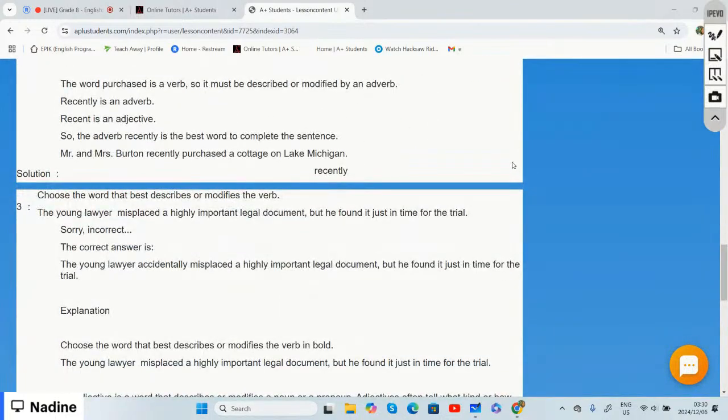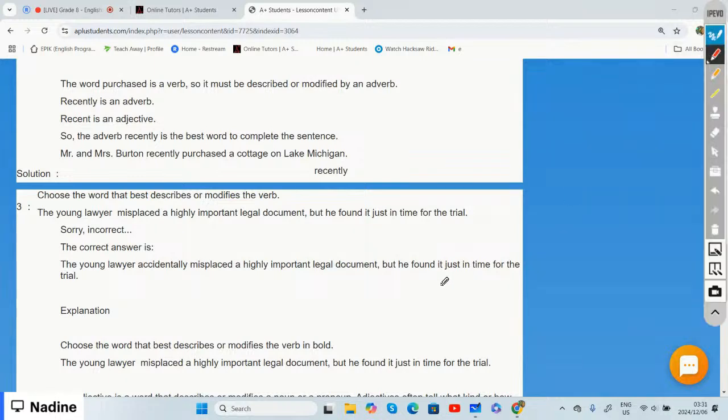The next one says choose the word that best describes or modifies a verb. It says the young lawyer misplaced a highly important legal document, but he found it just in time for the trial.